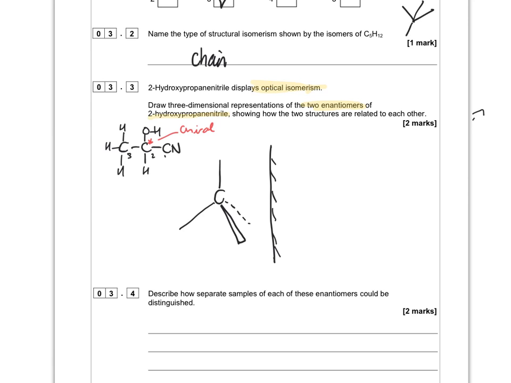Get some weird and wonderful student drawings of these. So to draw its mirror image, you've got two bonds in the same plane, the wedge bond opposite, and the bond behind it you can't see. Select any group. So there's a hydrogen, so it must be reflected in the mirror there, get rid of that.